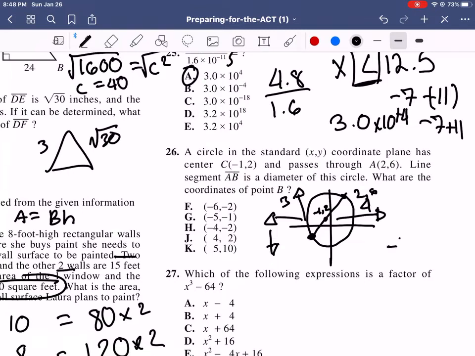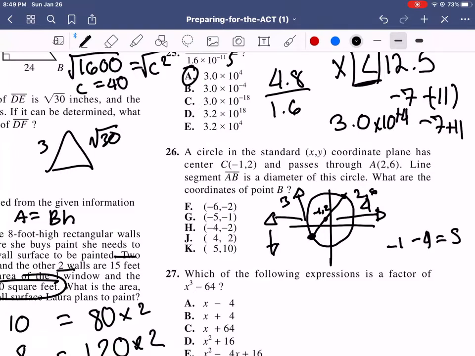So left 4 would mean subtracting from negative 1, which is negative 5. Going right 4 would mean adding to 2. Adding to 2?